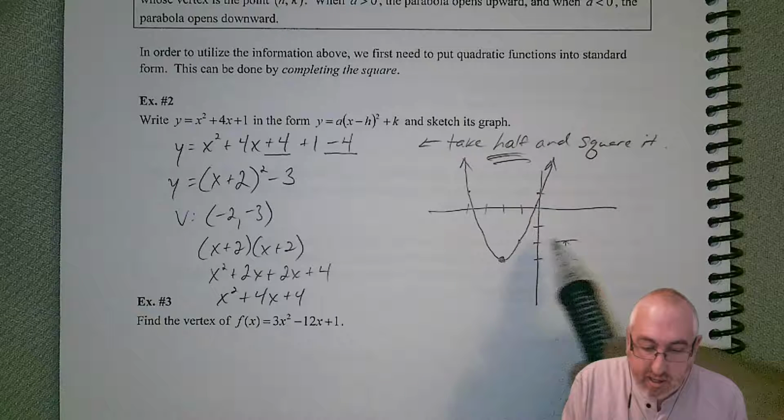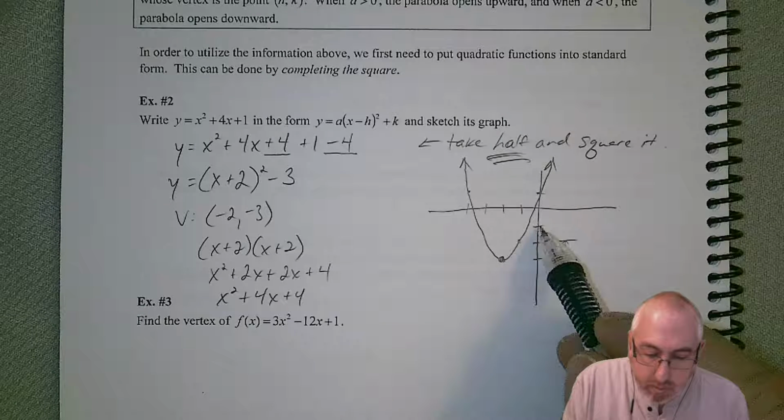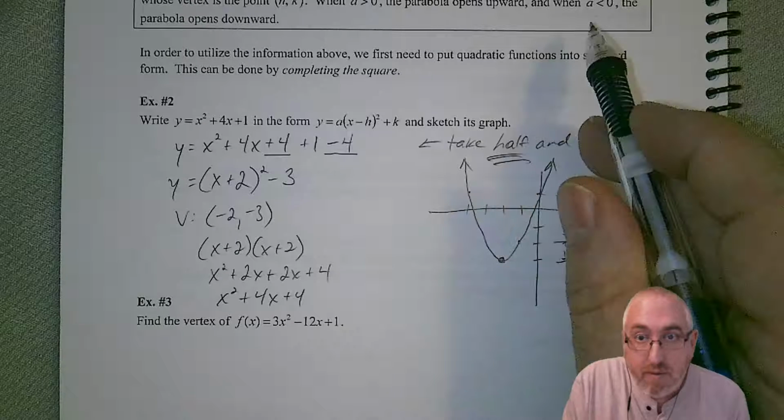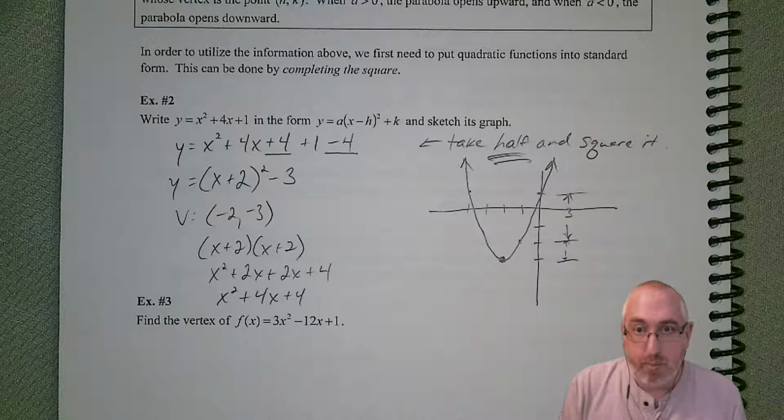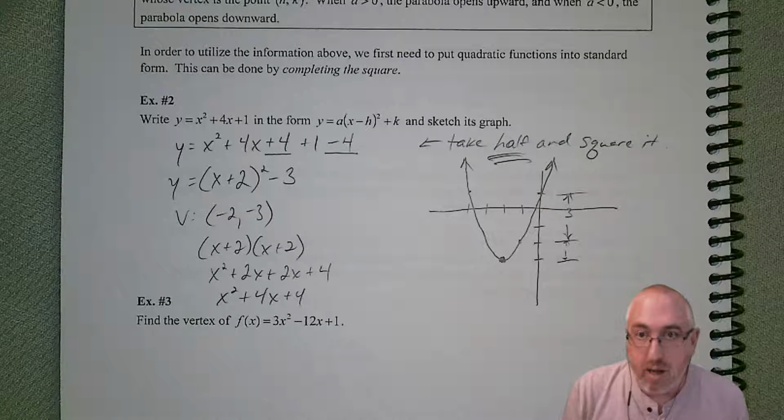But to get to the next point, you want to go over 1 and up 3. So over 1, up 1, over 1, up 3, over 1, up 5 would get you to the next point on your parabola. And you can do that on either side.